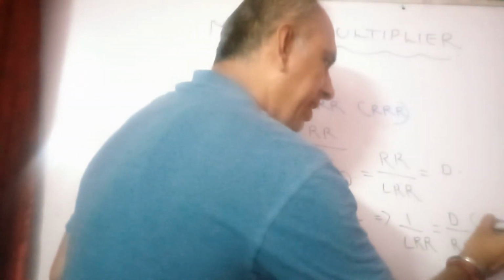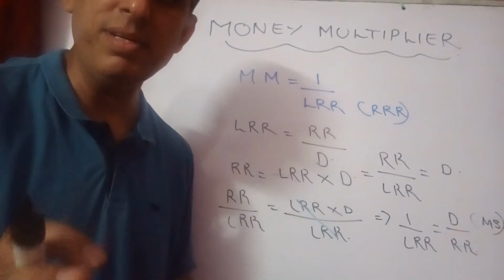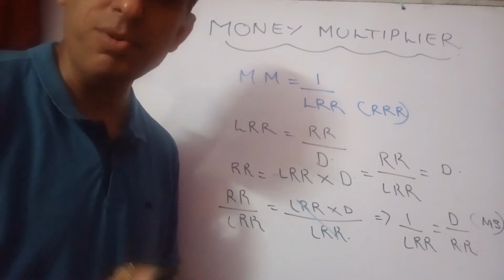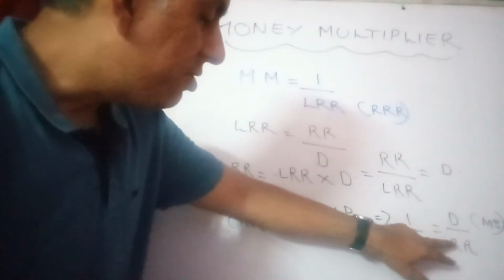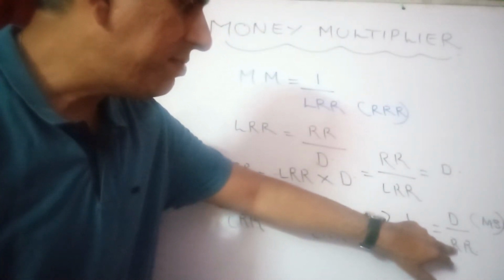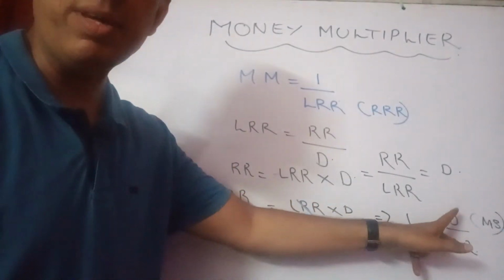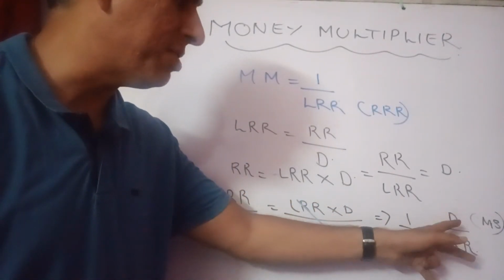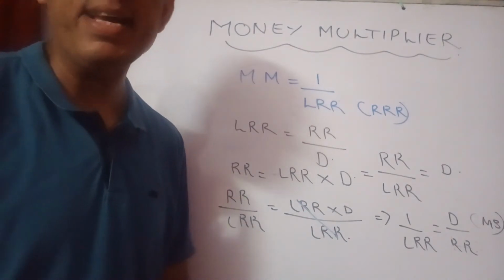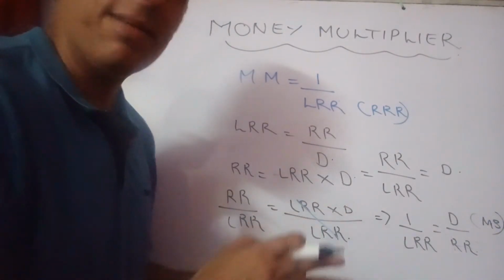Deposits here in a completely cashless economy represent money supply. Remember, no currency. Clear? No currency. It's a cashless economy. So, 1 unit of required reserve is able to create how much of demand deposit. That is the value of money multiplier.